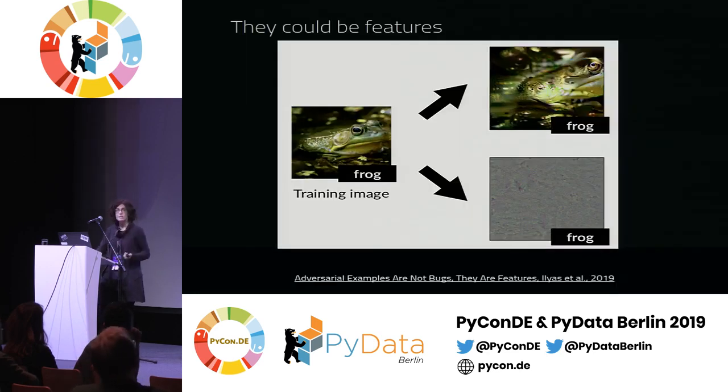And the way they explain this is, there are some features that are very obvious to humans, and you can perturb them to an extent, and humans will be able to see the differences. And there's other type of features that are extremely subtle, and neural networks can see them, but humans cannot. So some perturbations that you add to those features will make the neural network realize that a frog is no longer a frog, but the human will not realize it.